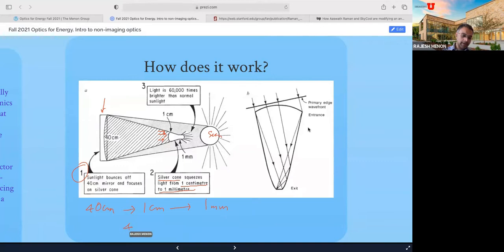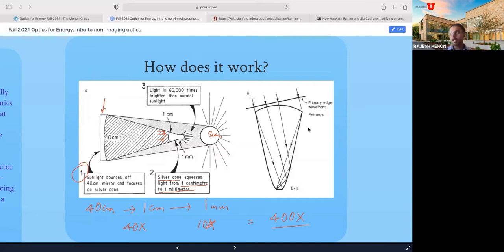So that's a 40x concentration here by the mirror, and 10x concentration by the silver cone. So that's a 400x. In terms of the actual etendue, it's 60,000 times brighter than normal sunlight, because you square this basically. So approximately.